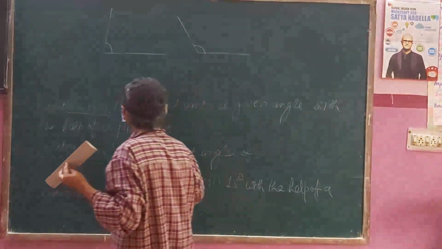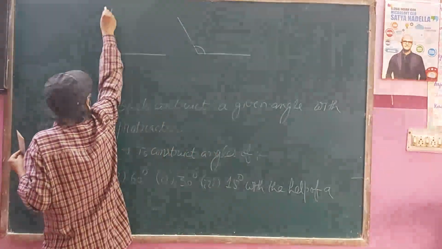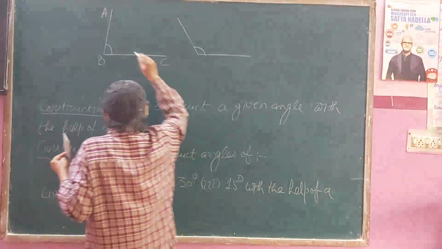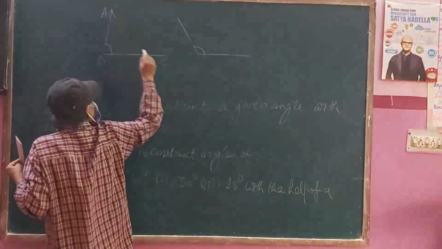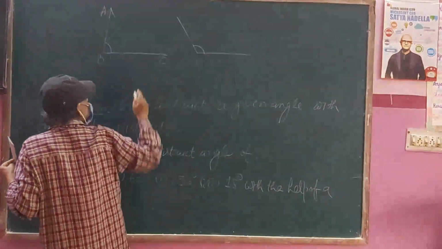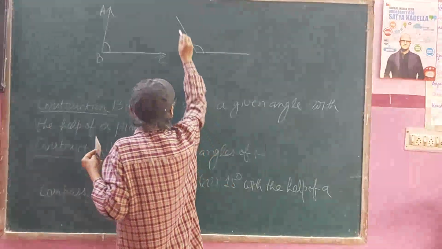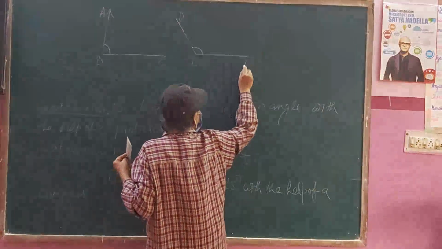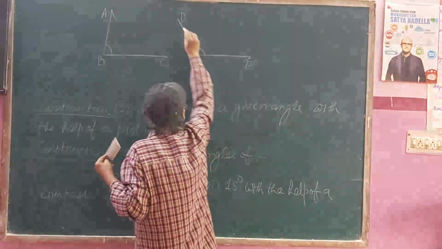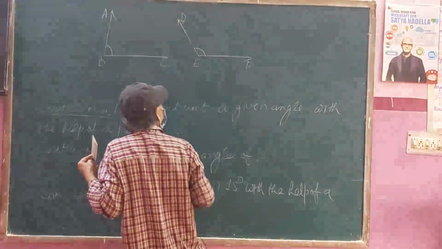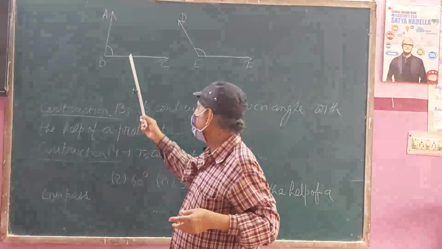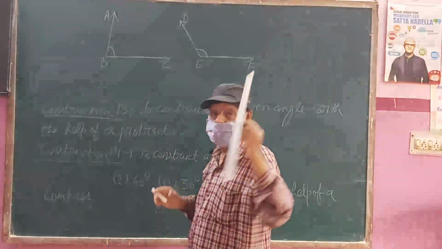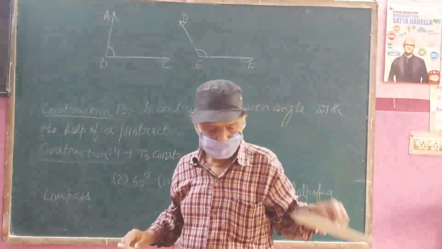You can write the names A, B, C. You can put an arrow mark also. This is a ray. You can write here D, E, F. You can make an arrow. Okay. So, this is my acute angle and this is my obtuse angle. I have done it with the help of the scale or ruler.